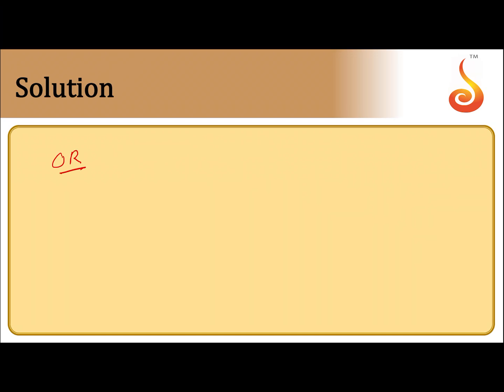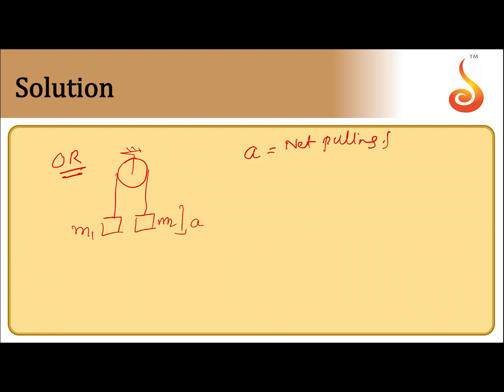Alternatively, you can use this shortcut. What is that shortcut? The shortcut is something like this. If I consider this arrangement, m1 is its mass, m2 is its mass, then if this is accelerating down, the acceleration of the system is net pulling force divided by net mass or the total mass which is moving.